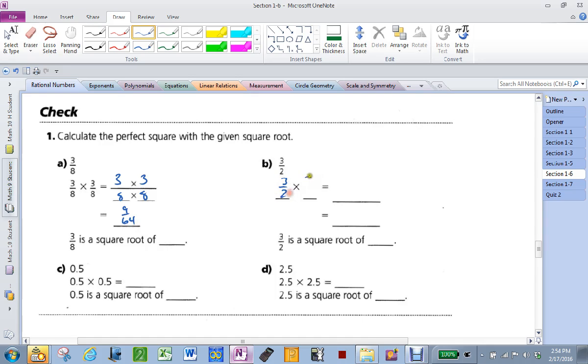That's 3 halves times 3 halves. 3 times 3, 2 times 2, 9/4. 0.5: 5 times 5 is 25, and I need 2 decimal places, so it's 0.25. 625, and it's 2 decimal places, so it's 6.25. Okay.